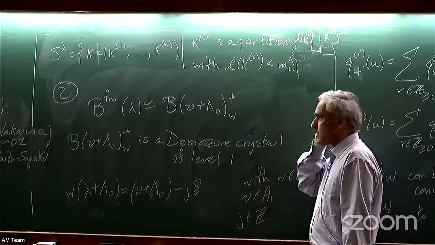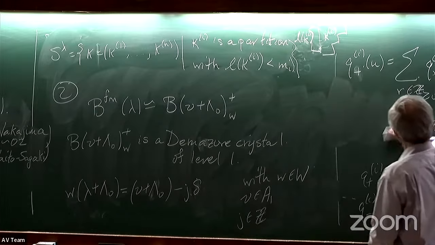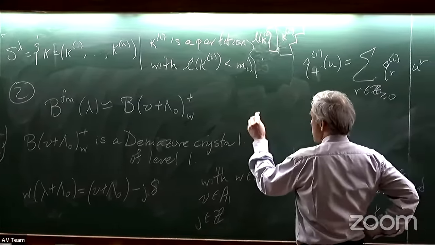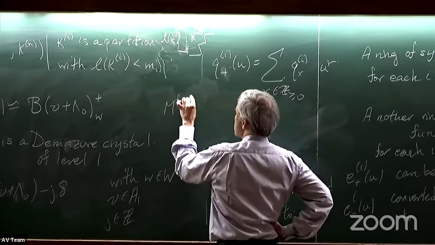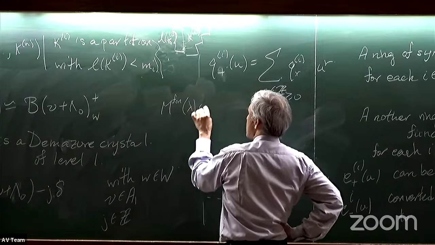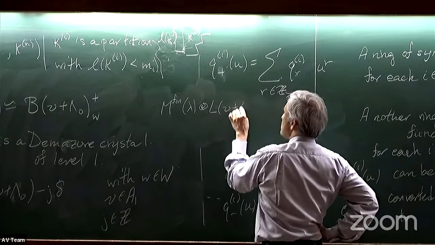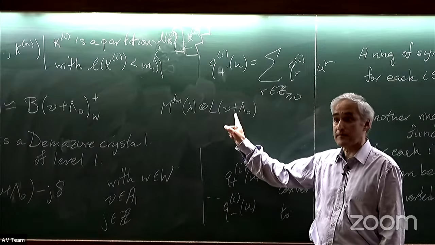So maybe while we're here, I'll make a remark about this. Conceptually, what's happening in my head is that I take this M finite and I tensor it, say, with L nu plus lambda 0. So this is a level 0 thing, and this is a level 1 thing.